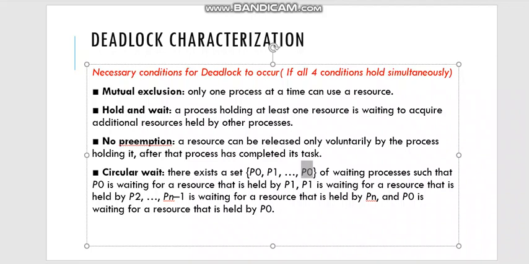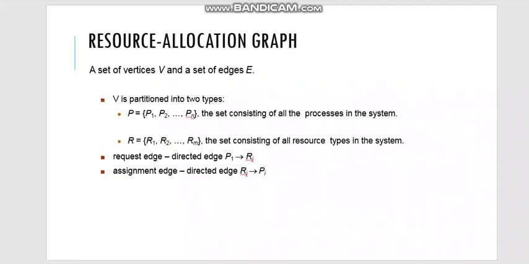So we'll see how, for any system, we will have a resource allocation graph. A resource allocation graph is nothing but a graph. We know what a graph means: it's a set of vertices and edges.